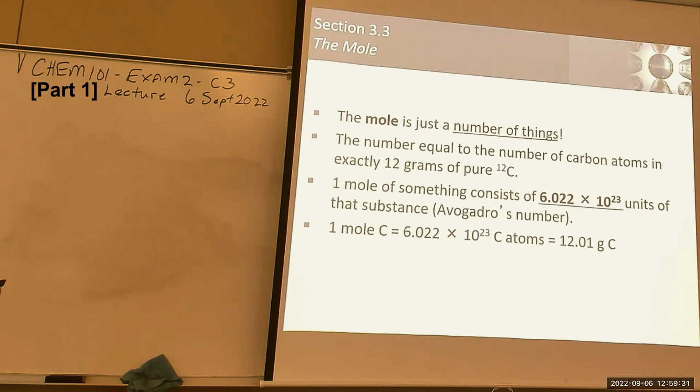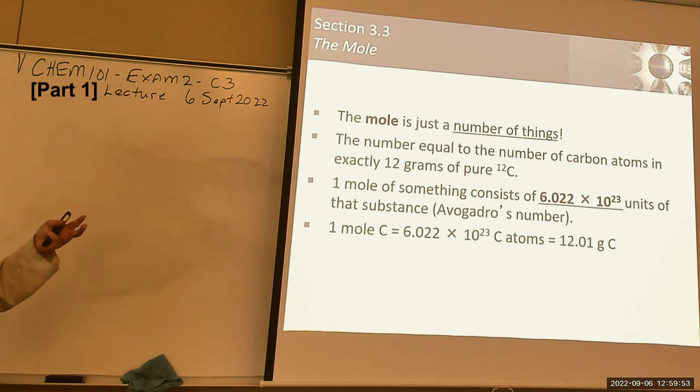It's based upon 1 mole of carbon-12 atoms. But 1 mole of carbon, not specifying the isotope, is still this many atoms. And that many atoms won't weigh 12 grams, it'll weigh the average, 12.01 grams.